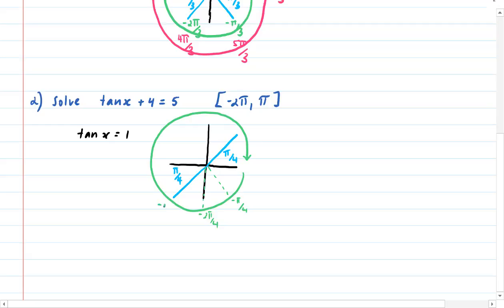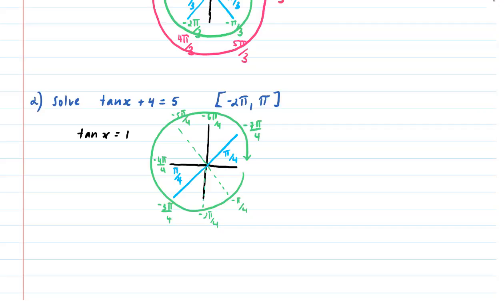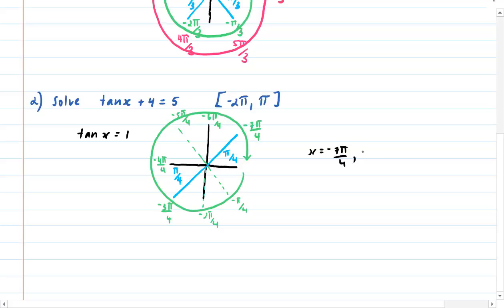And so this one is negative 3 pi on 4, and that's one of our answers. You'd have negative 4 pi on 4, and then negative 5 pi on 4, negative 6 pi on 4, and then the one we want, negative 7 pi on 4. So there's your first 2 answers. We've got negative 7 pi on 4, and also negative 3 pi on 4.